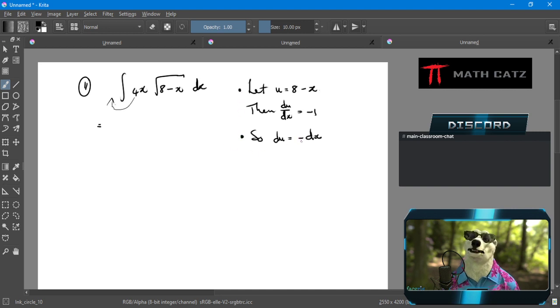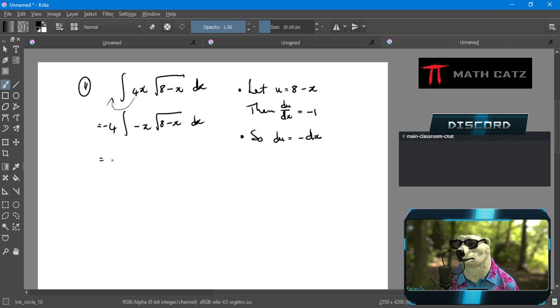I do, however, want a negative with my dx, which I don't see. So I want a negative x root 8 minus x. I can't just put in a negative. There's no negative there originally, so I need to balance that with another negative, which I put out in front.